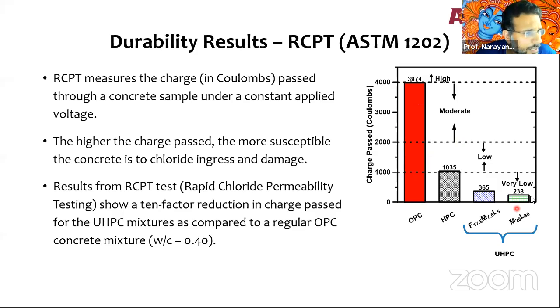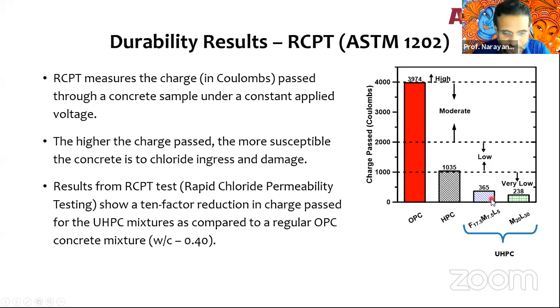So you look at the RCP values, 238, 365, very, very low Coulomb values. This is 28-day values; I have not shown 90-day values. At 90 days, this mix with fly ash and silica fume went down to 85. Really, really low, almost no chloride permeability if you're using a rapid chloride permeability test.